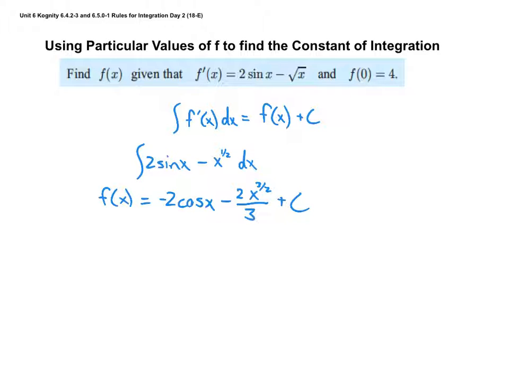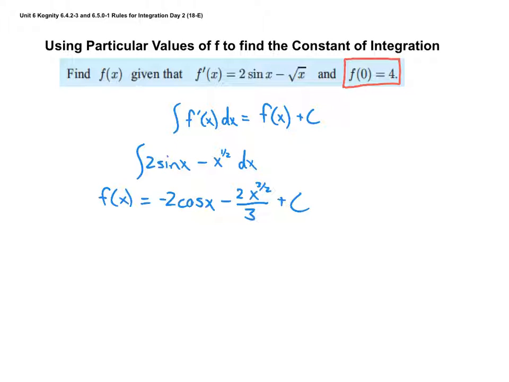Okay? But that is just a general solution. Any constant would give us an f prime that was 2 sine x minus radical x. However, here's where we have this extra bit of information. We were told that f of 0 equals 4.